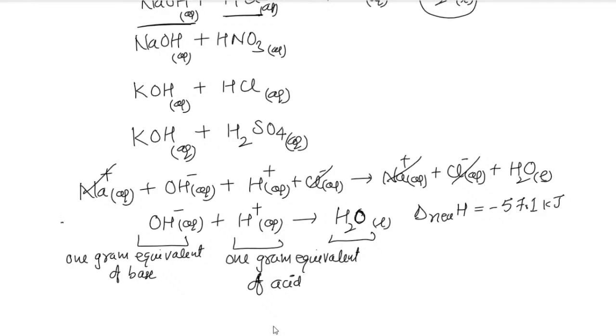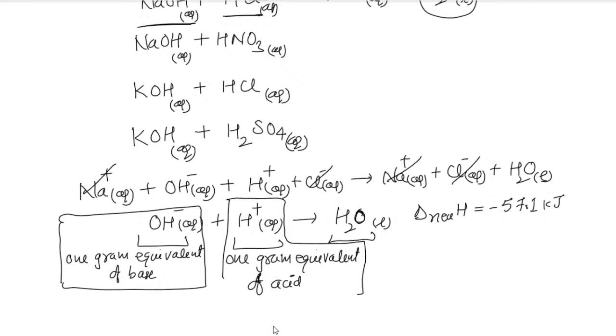Am I right? So that means any strong acid or strong base, if 1 gram equivalent of strong base is there, it will always give 1 mole of OH negative ions. Any strong acid, if it is 1 gram equivalent, it will always give 1 mole of H plus ions, right?